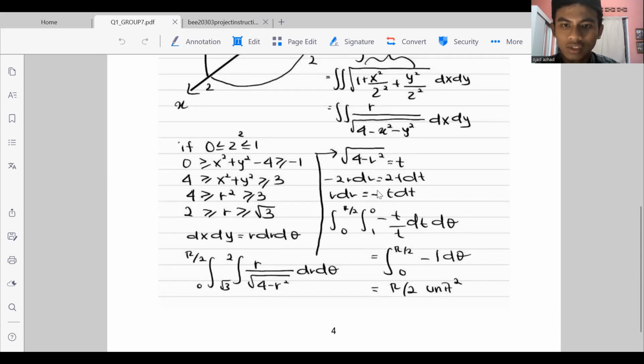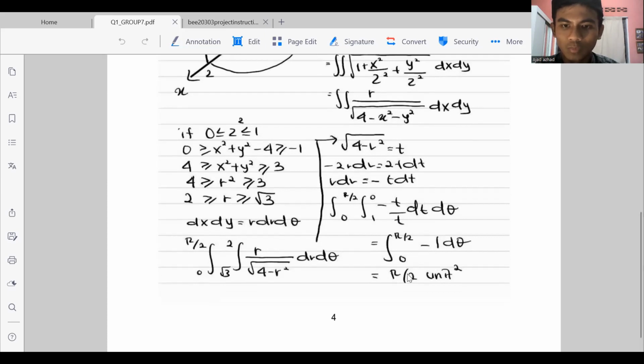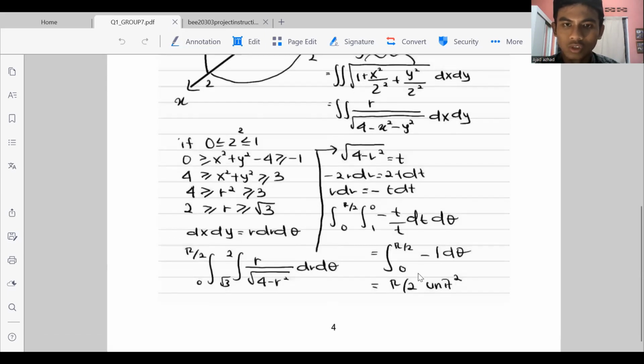So we just insert the value in the equation, then negative t over t, and then we insert the integral limits from the given equation, which is 0 and 1. Then we integrate the equation, and finally we will get the answer, which is pi over 2 unit square.